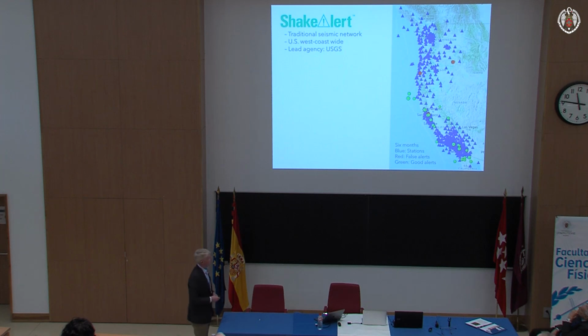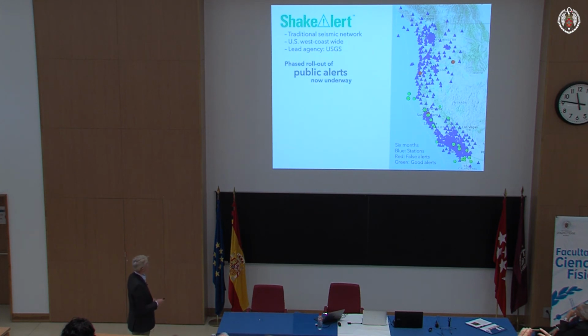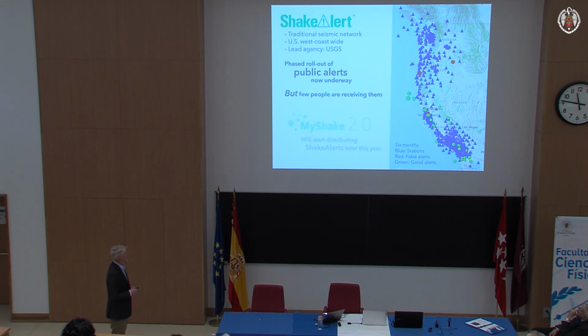And so MyShake is actually going to be used to start delivering ShakeAlert to everybody in the US. As I just said, ShakeAlert is technically a public system. Public alerts were rolled out in October of last year, but very few people are getting the alerts. And so we're actually now going to start using MyShake 2.0 to deliver ShakeAlerts to anybody who wants them on the west coast of the United States.